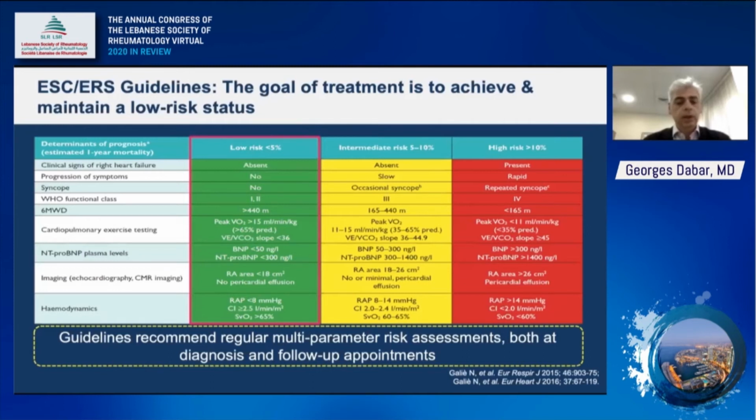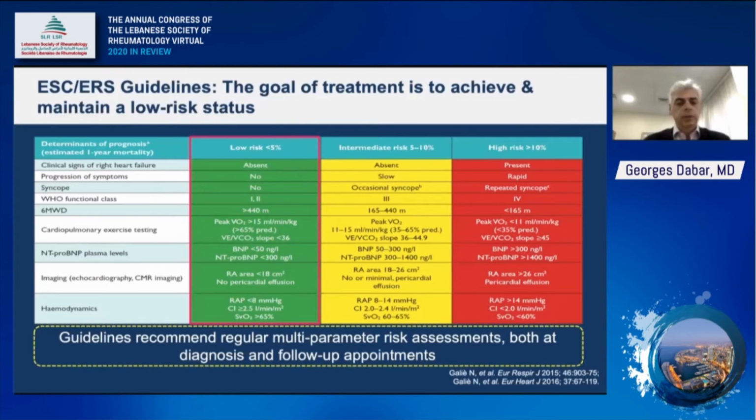And what are those parameters? Clinical signs of right heart failure, whether they are present or absent; progression of symptoms, yes or no, and how fast; syncope, present or not. The functional class, and the 6-minute walking test being more than 440 meters or less.